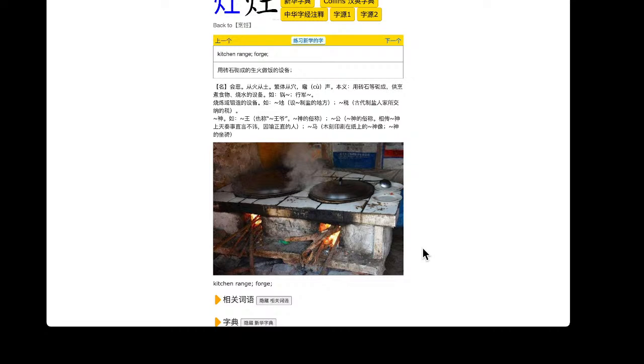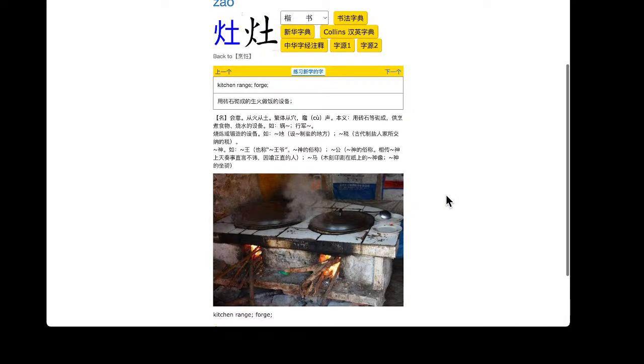They would dress up the range with beautiful mosaic tiles, things like that. But the look and shape is just like that. Some families have one range, and some have two, like this one. Okay, so that's 灶.